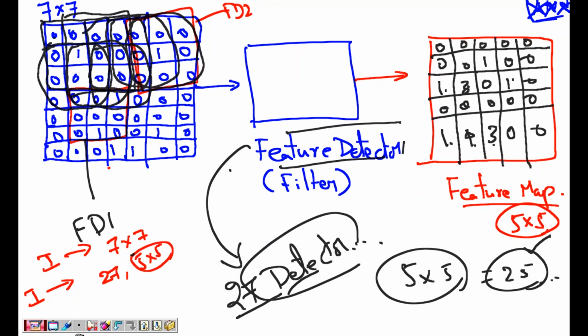That means now it is three-dimensional, right? 27 elements, each element is a 5 by 5. What is the advantage of this particular model? What is the power? If I use 27 such detectors, almost each and every part is covered over here.